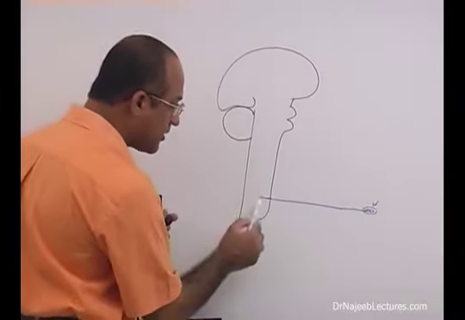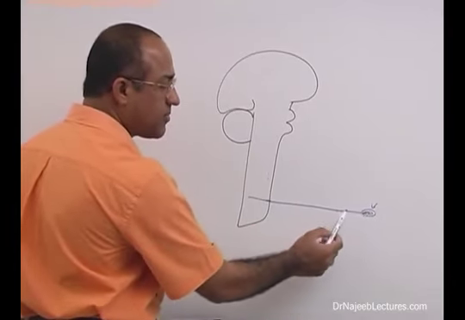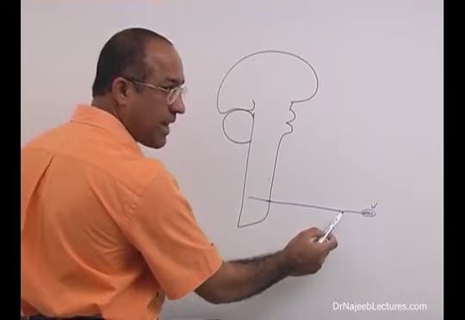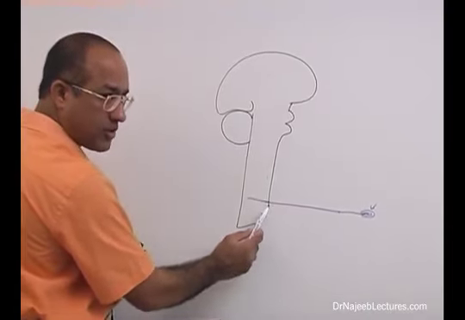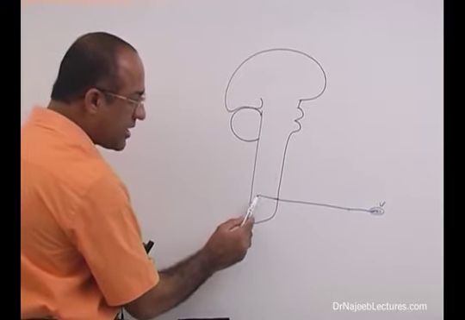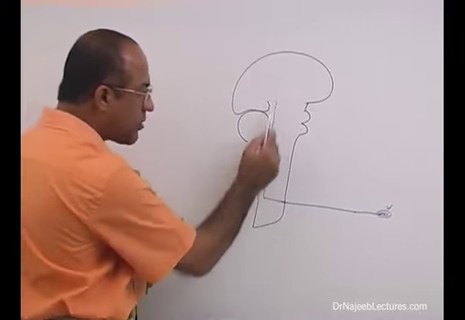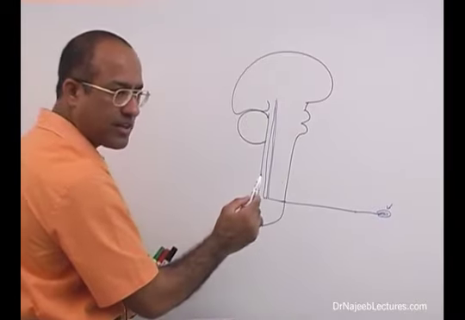Ascending tracts, right? So information from the receptors, going into action potential form in the sensory neurons, is brought to the spinal cord, and from here it goes up as ascending tracts. They take the information to the higher centers.